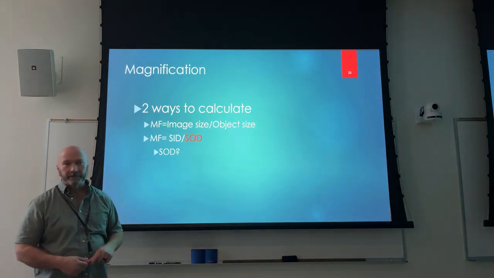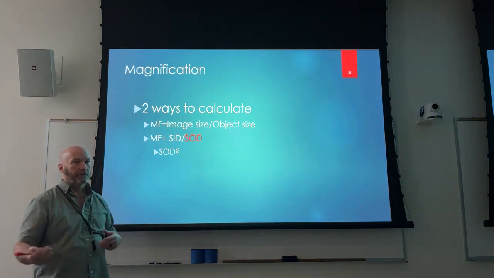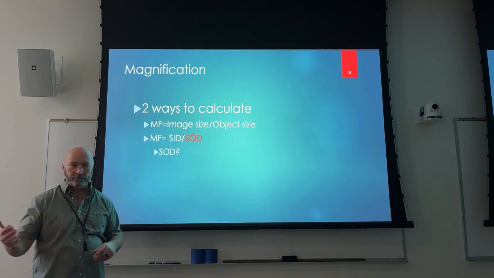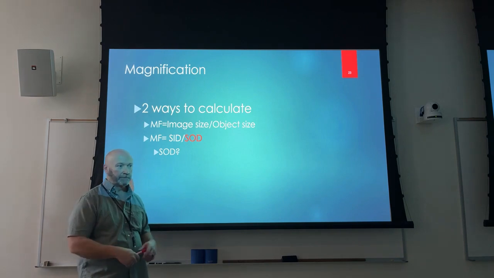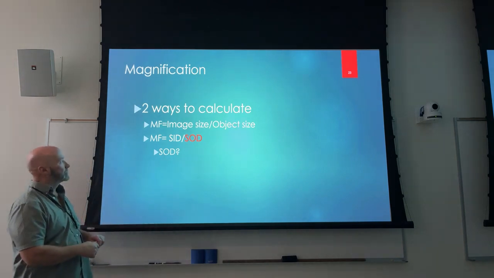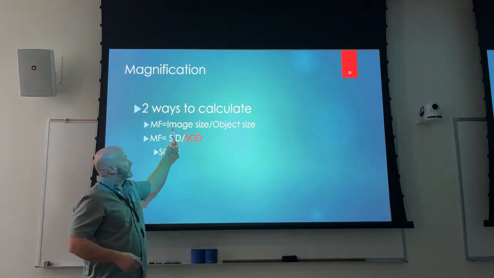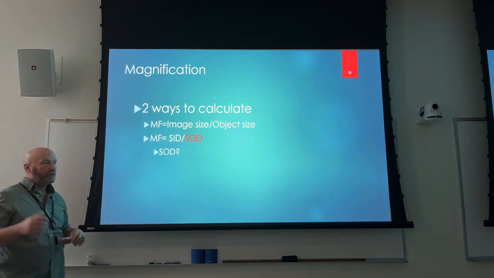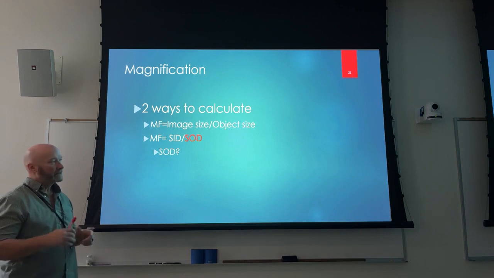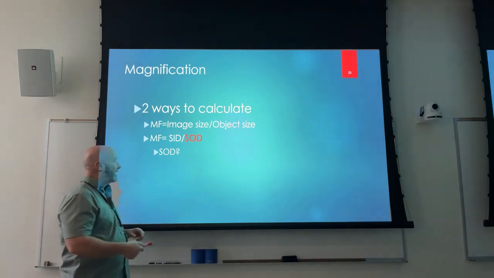That's a none of the above type thing. What's your magnification size? If all of your choices are 1 point something, it's impossible. And we'll work through that here in a minute as well. So image size is always going to be larger than the object size, even if you don't see it on your image receptor. The recorded image size is always going to be larger than the object size.